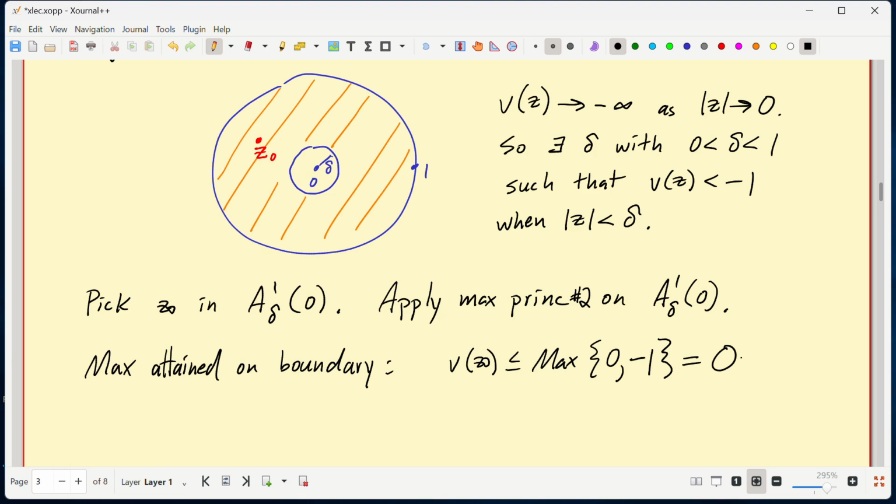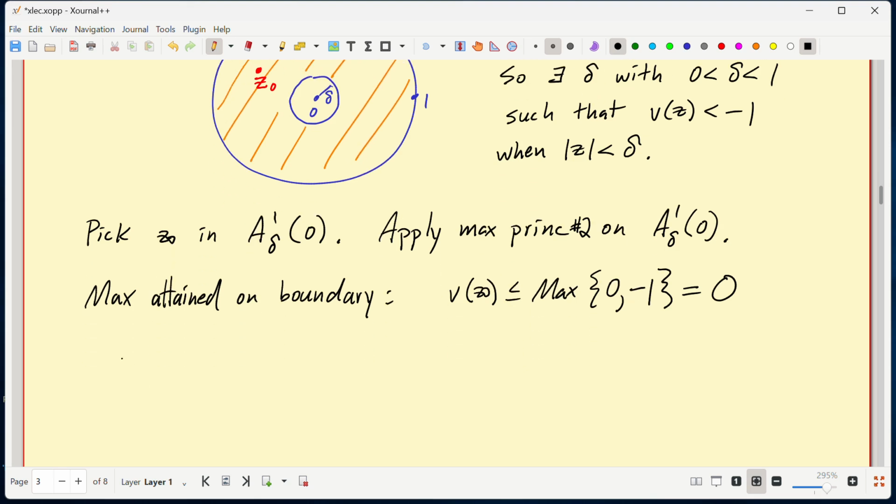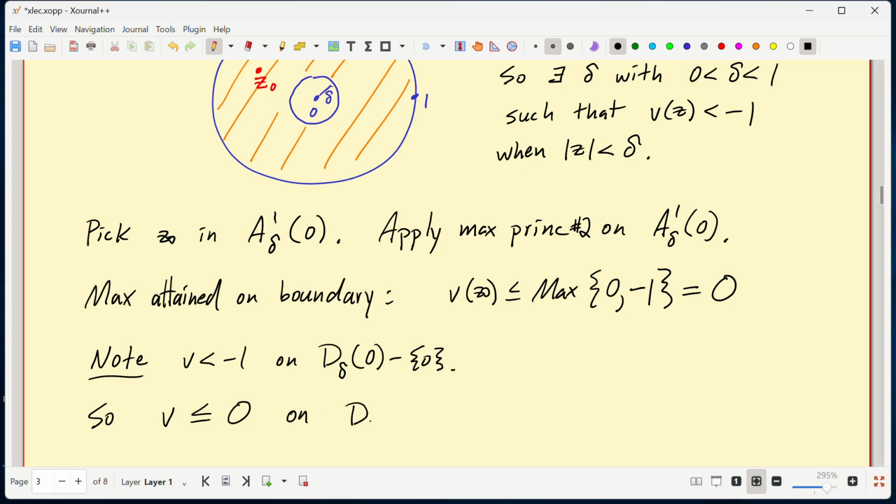And inside the delta part, it's less than minus 1. v is less than minus 1 on the inside part, the delta disk minus 0. So v is less than or equal to 0 on the closed unit disk minus 0.